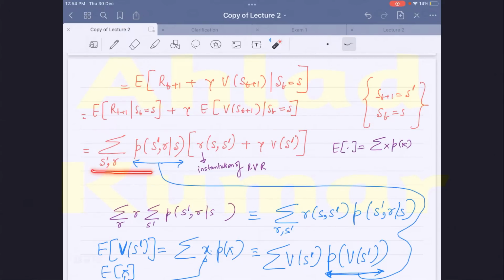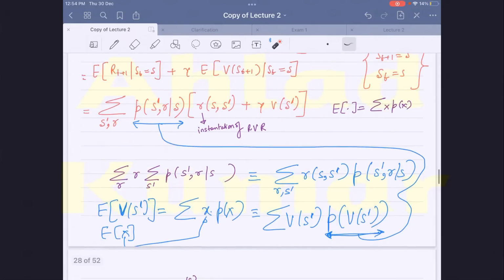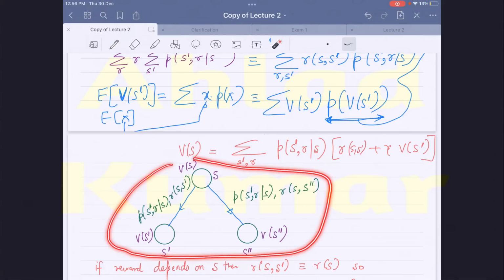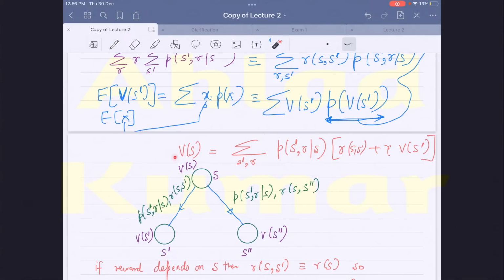So this equation can also be understood from a diagrammatic point of view. Let me explain this here. Let me copy this first. This is called a backup diagram. Here what we are saying is that the value of a given state S is given like this, as we have already seen. So now this is state S, and for this we are calculating the value of the state, and then you know that based on the transition probability that you have, that is you are moving from S to S prime, we have different transitions, like going from S to S double prime.